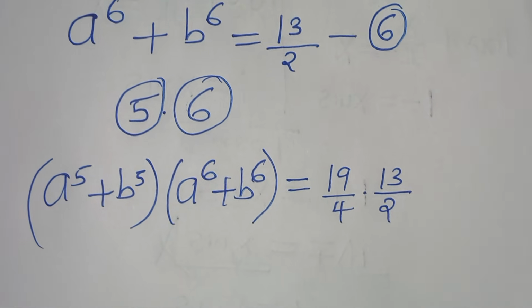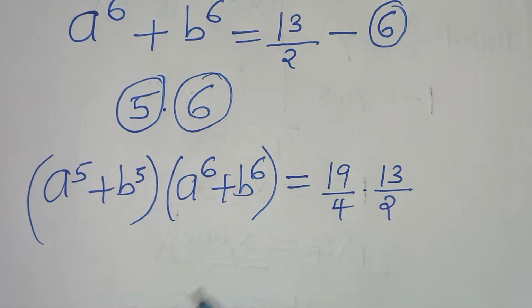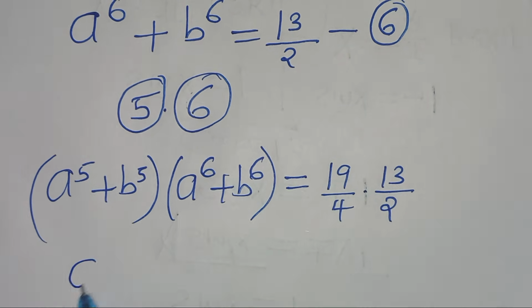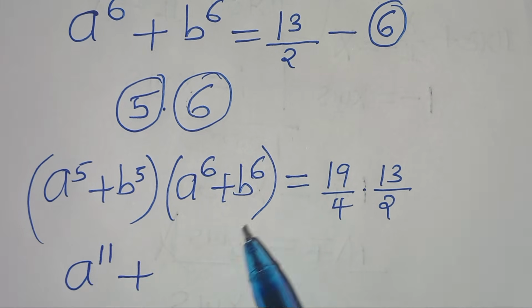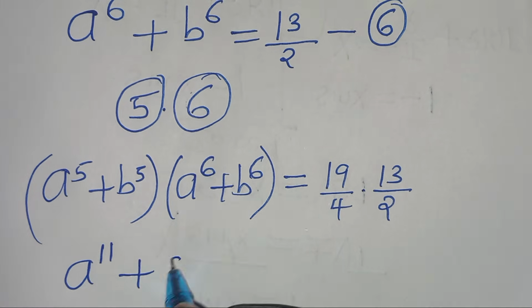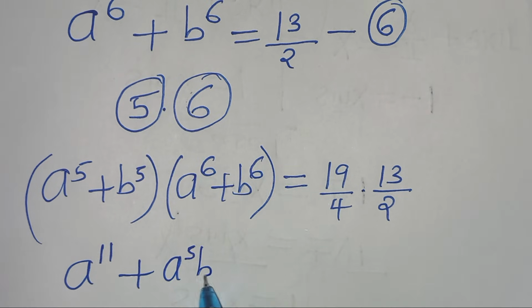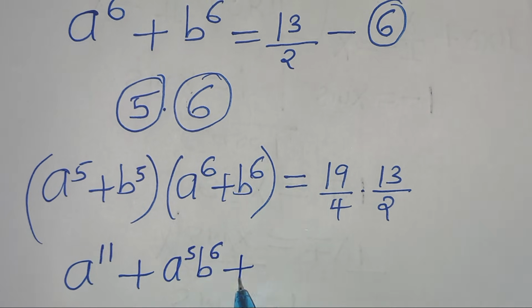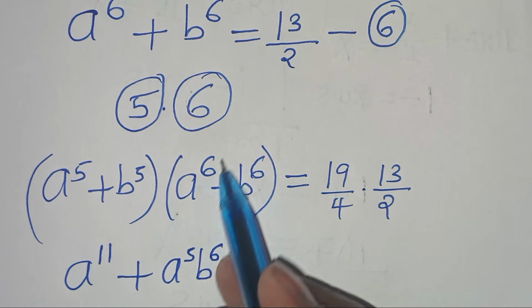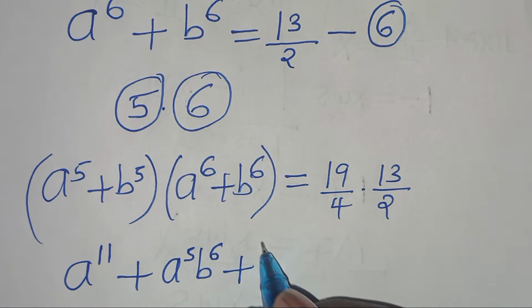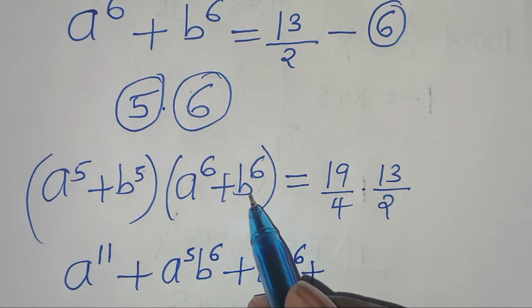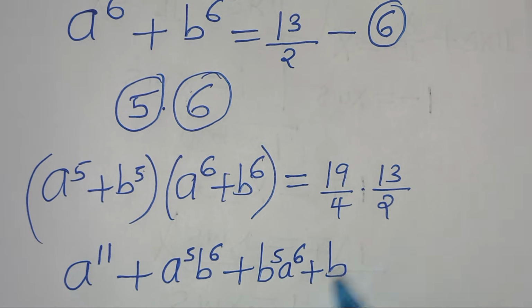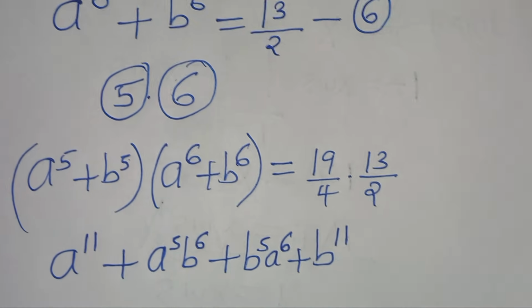So what this means is that a to the power of 5 times a to the power of 6 is a to the power of 11, plus a to the power of 5, b to the power of 6, then plus b to the power of 5 times a to the power of 6, then plus b to the power of 5 times b to the power of 6, which is b to the power of 11.